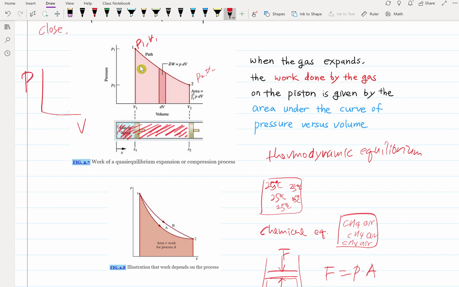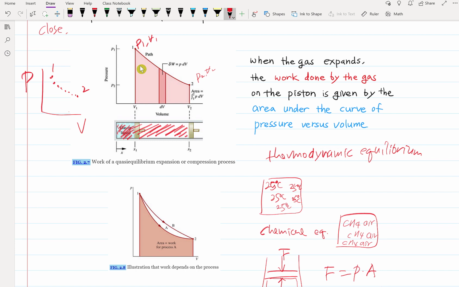Pressure, volume, this is state 1, state 2. So imagine it is an extremely slow process. It goes through a number of intermediate states, and at every intermediate state, it reaches an equilibrium state.